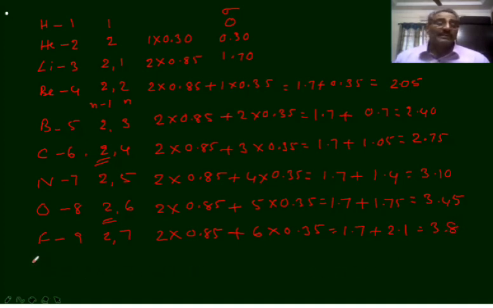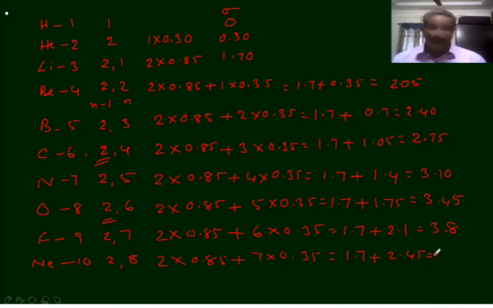Next, for neon with atomic number 10, electron distribution is 2, 8. Screening constant will be 2 into 0.85 plus 7 into 0.35, that is equal to 1.7 plus 2.45, that will be 4.15.